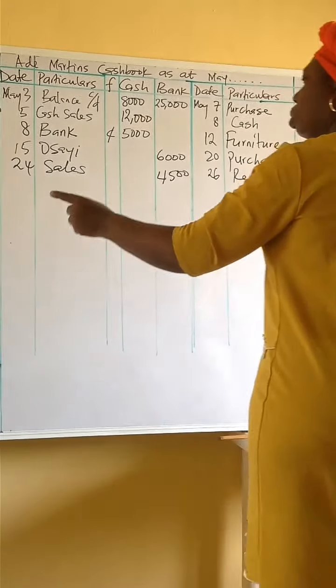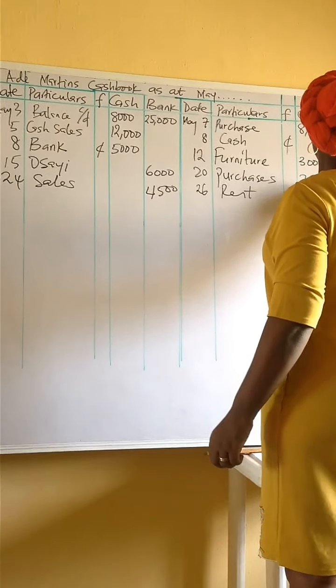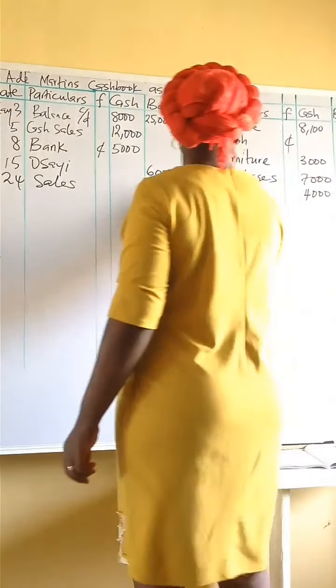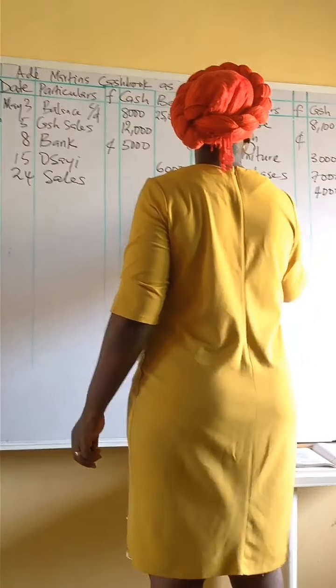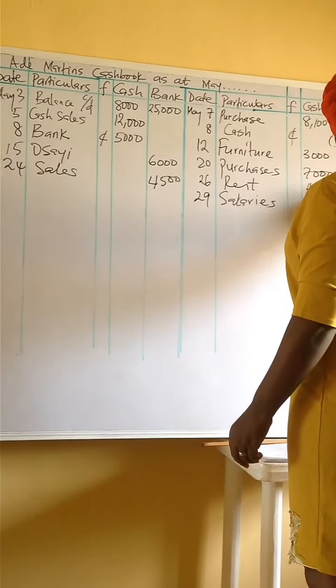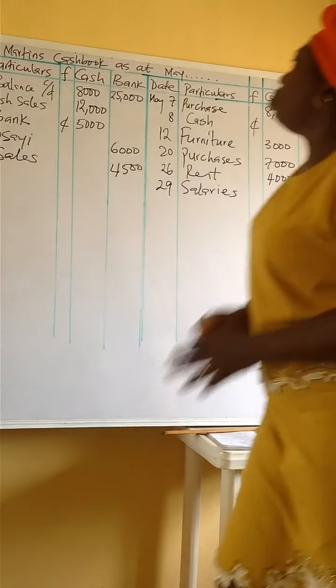By cash, 4,000 naira. And on the 29th, salaries, by check.